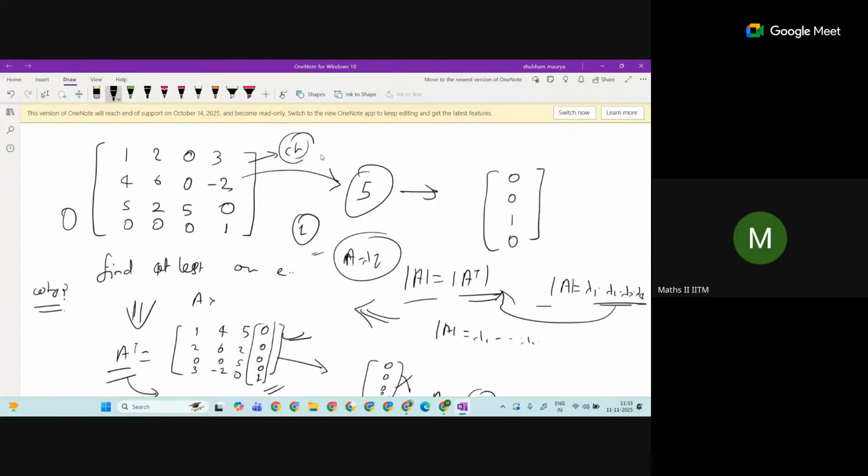You are very sure that 5 and 1 are going to be eigenvalues, so you can factorize by lambda minus 5 and lambda minus 1, and then you will get a quadratic. You can easily do this factorization. Once you have these two, you'll get a quadratic, and then use the completing the square method or whatever method to find the other roots.